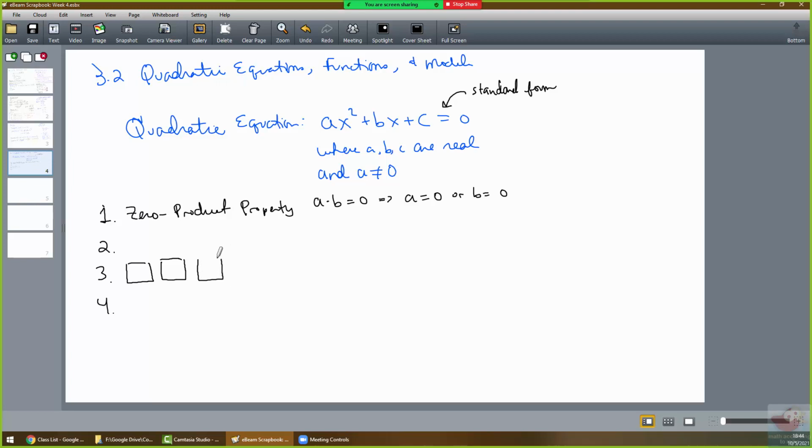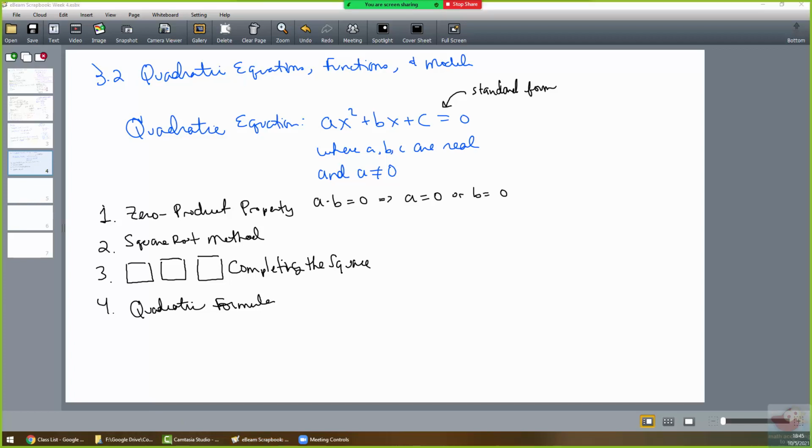I think that looks pretty good for freehand. Yeah, I'm completing the square. Then we have the quadratic formula. And the second one is the square root method. And we'll do an example of each one. Oh, hold on, I gotta cheat, because these are hard to do in my head.